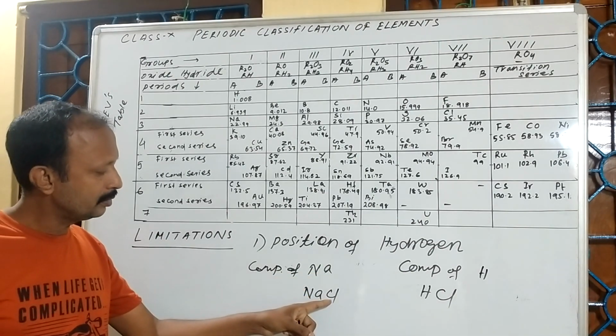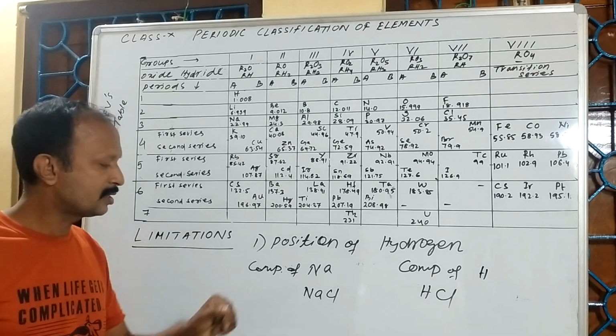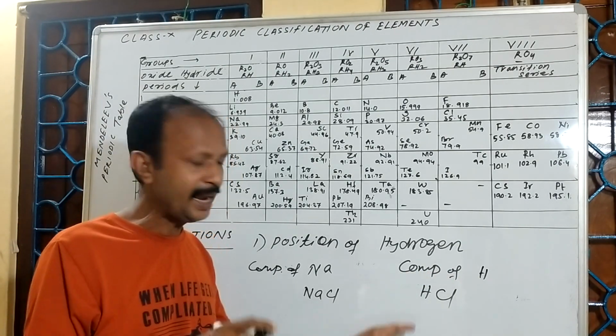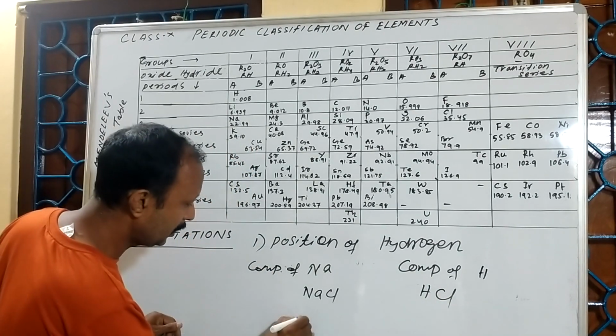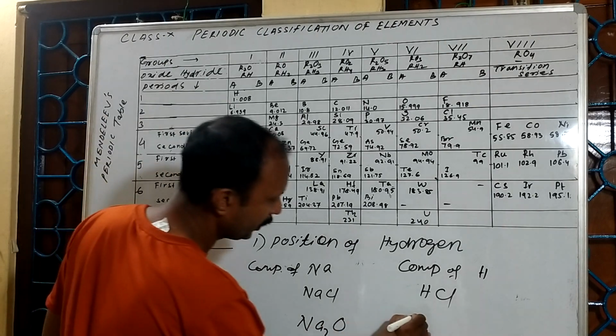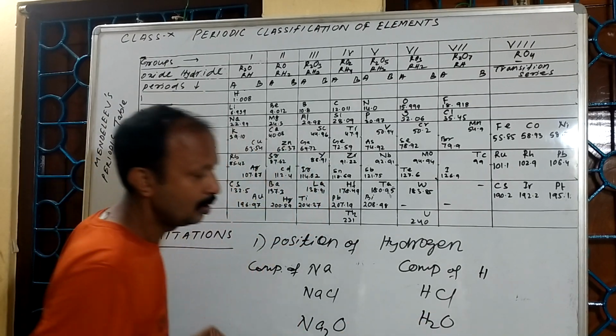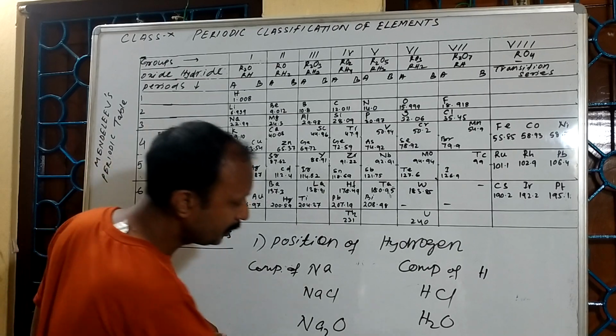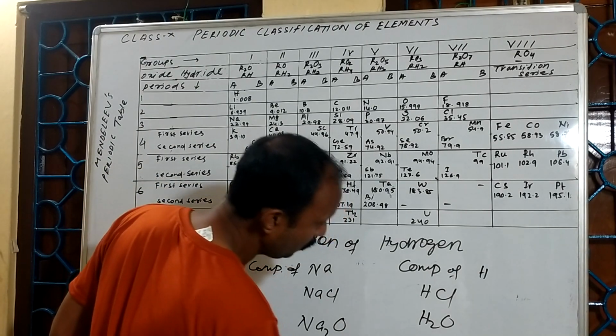Na made a bond with Cl, NaCl. Similarly, hydrogen also gives HCl. With oxygen, Na2O, here also we get H2O. Na2S, here also we get H2S.